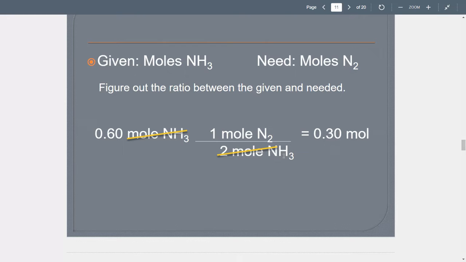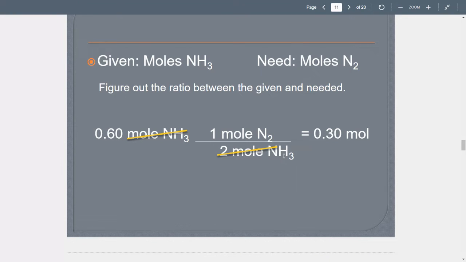All right, so my starting point was 5.4 moles of N2. I set up my T-chart here, moles of N2 on the bottom so that it cancels. Moles of NH3 on top.